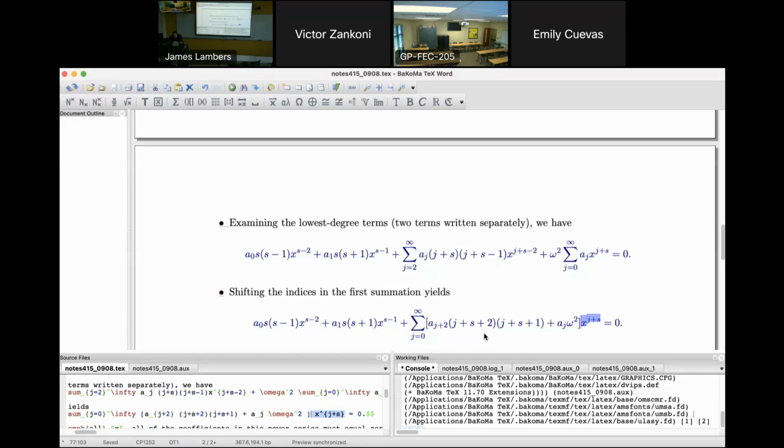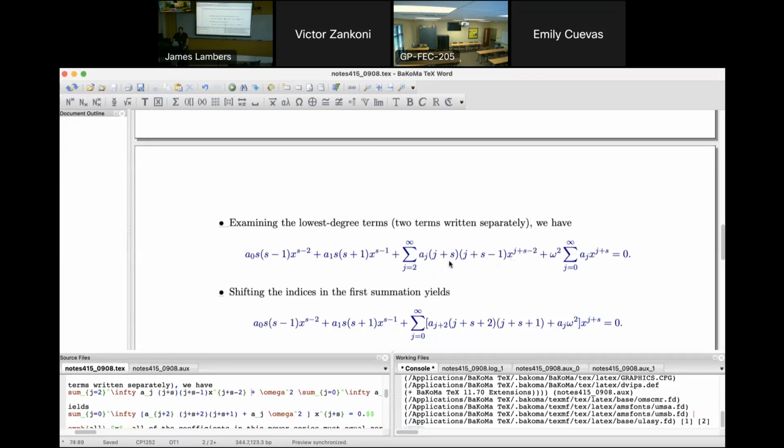Now I should mention, it's not part of this example, but if there had been a first derivative term, you would have a sum in between here that would be from j equals 1 to infinity, and you have x to the j plus s minus 1. You would do a similar shift for that summation, but you're only shifting j by 1 instead of 2.